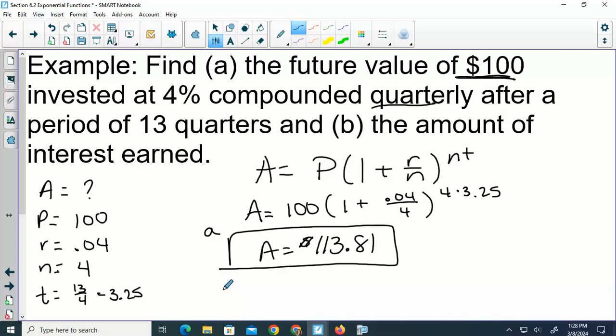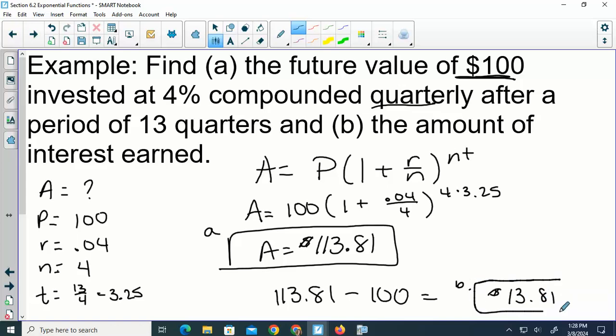So we would subtract what we end with minus what we started with. So my interest is $13.81. Is that one okay?